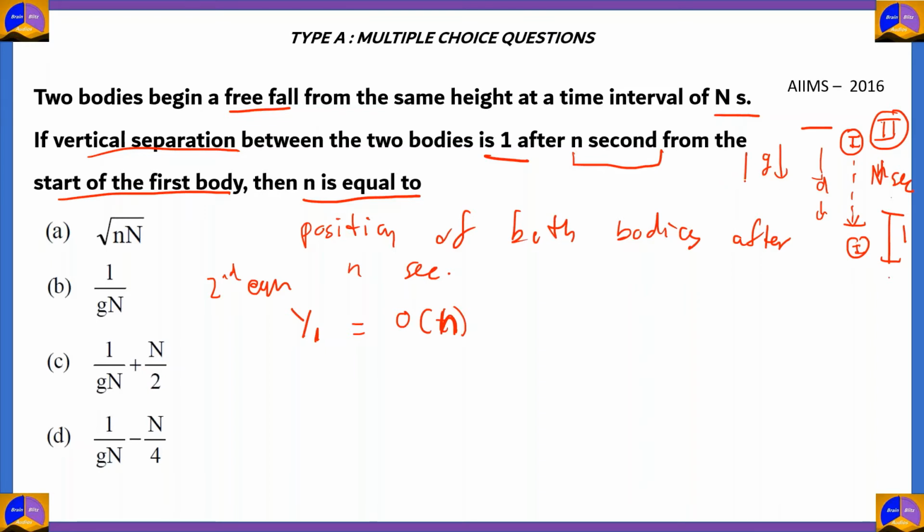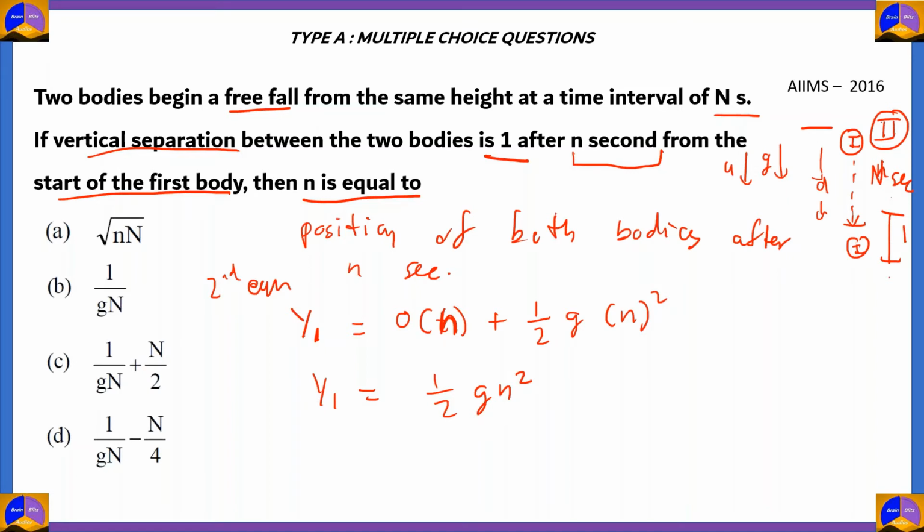And then, since g is acting downwards, and the motion of the body is also downwards, we take g as positive. So 0 times n plus half into g into t squared. Here t squared becomes n squared. So the value of y1 is equal to half g small n squared. However, for the body y2, it is dropped after capital N seconds.